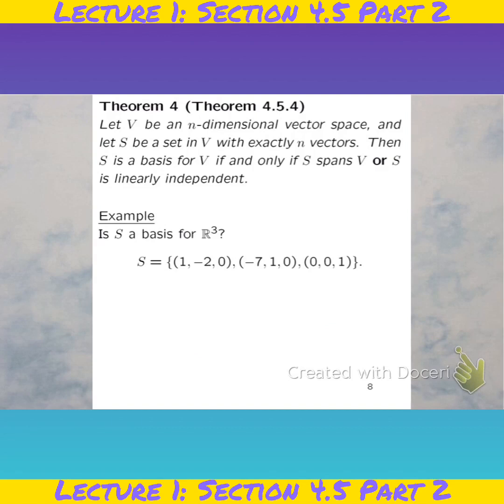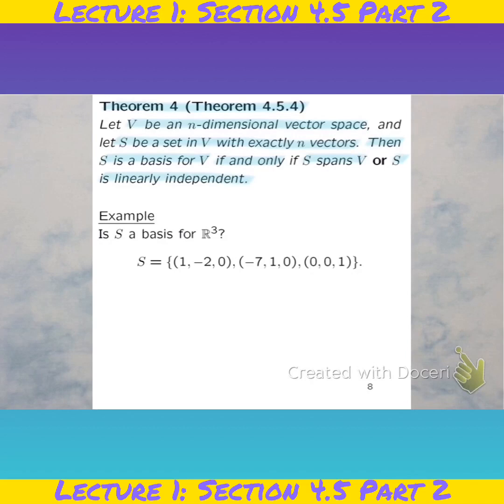That brings us to the next theorem, Theorem 4.5.4. This theorem states that if V is an n-dimensional vector space and S is a set in V with exactly n vectors, then S is a basis for V if and only if S spans V or S is linearly independent.